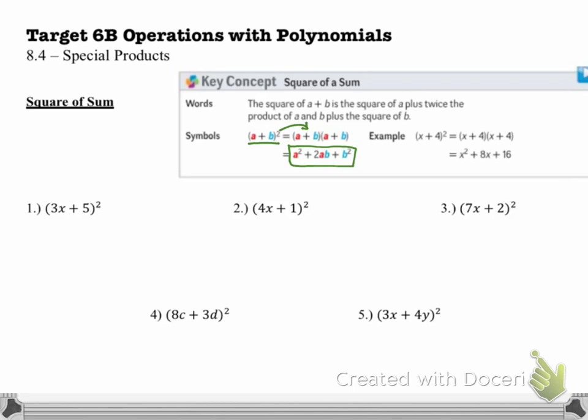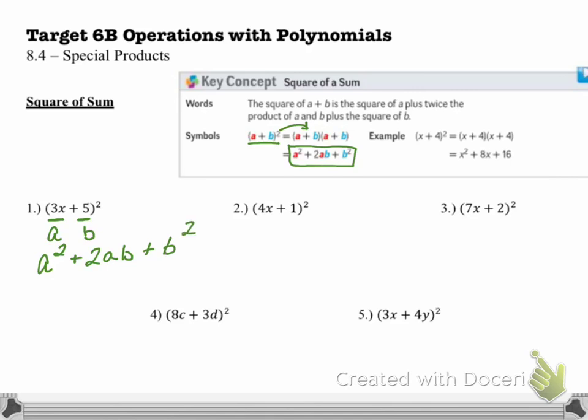Looking at our first example, number 1, I want to emphasize that the first term, that 3x, we call our a value, the whole thing. And the 5 is our b value. We substitute that into the formula a squared plus 2ab plus b squared.